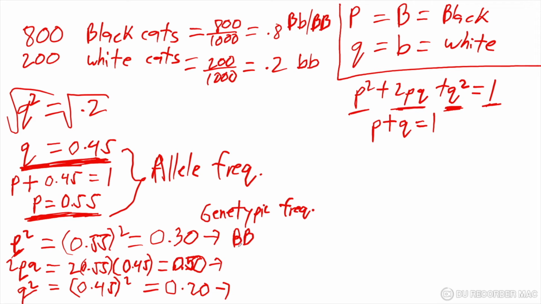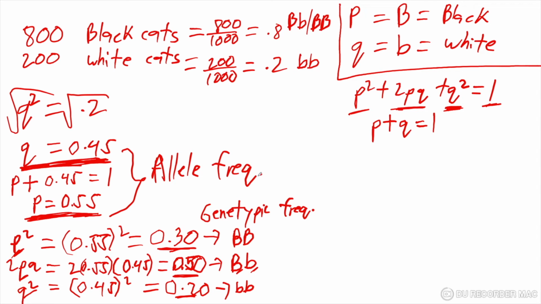So with both the capital letter B. So this is the genotypic frequency of that organism, the genotypic frequency of the heterozygous individual, one big and one small, is 0.50, and for the homozygous recessive individual is 0.20. So that's your genotypic frequency.